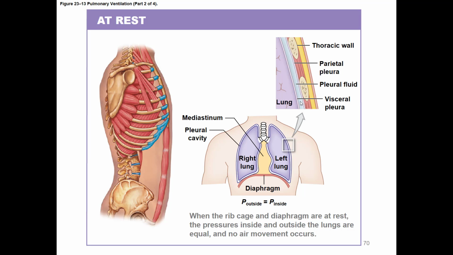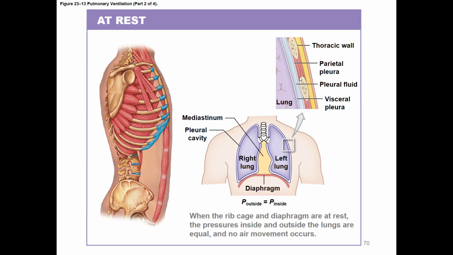And pleural fluid actually creates a suction between the lung and the inside of the rib cage. Just like when you are at a restaurant and you have a glass with a beverage and ice in it, and the outside of the glass gets nice and sweaty with condensation, that condensation drips down and collects at the bottom of that glass.